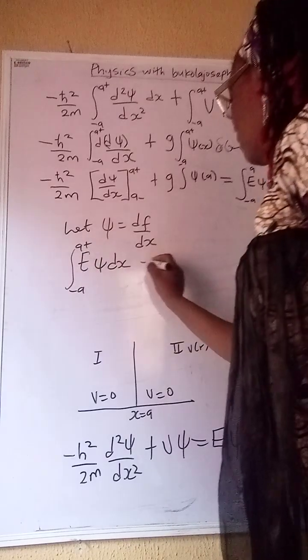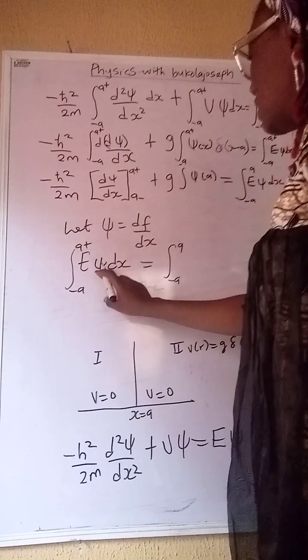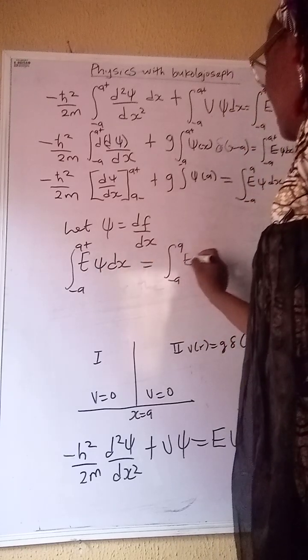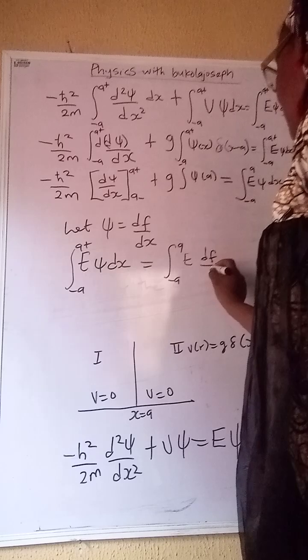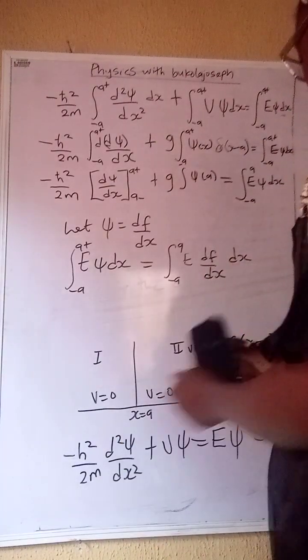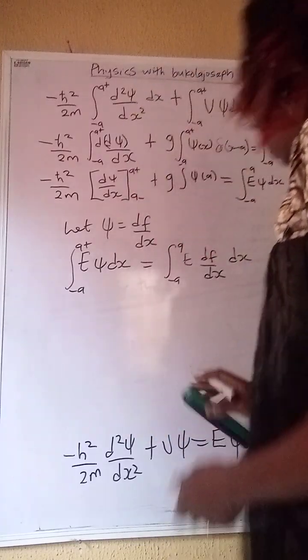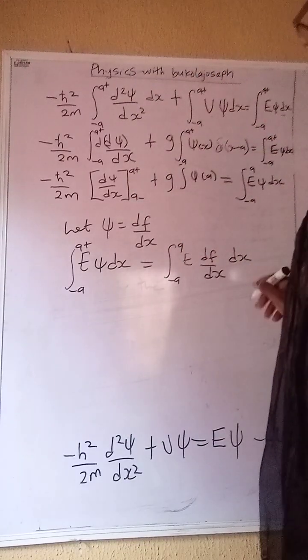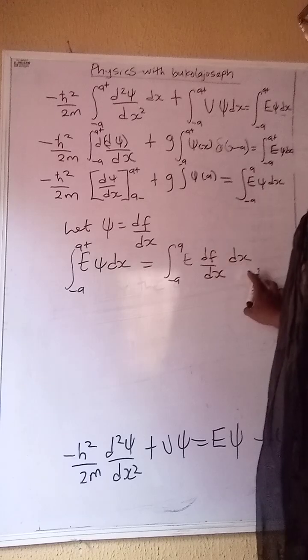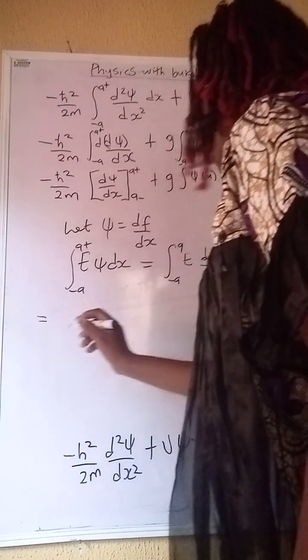Substituting psi, we have E df/dx dx. Okay, so I will wipe this too. I'm not going to wipe this Schrödinger equation because we'll refer to it later. So this becomes this.